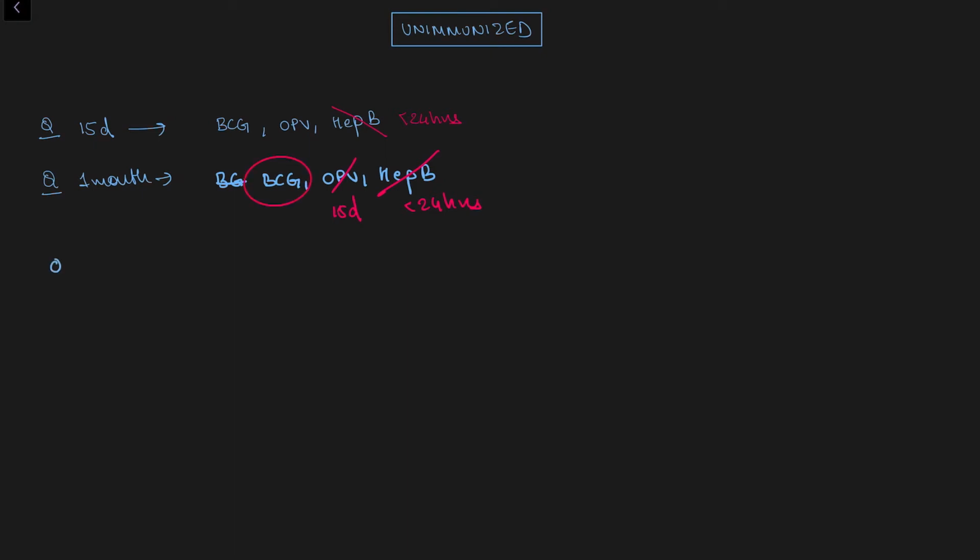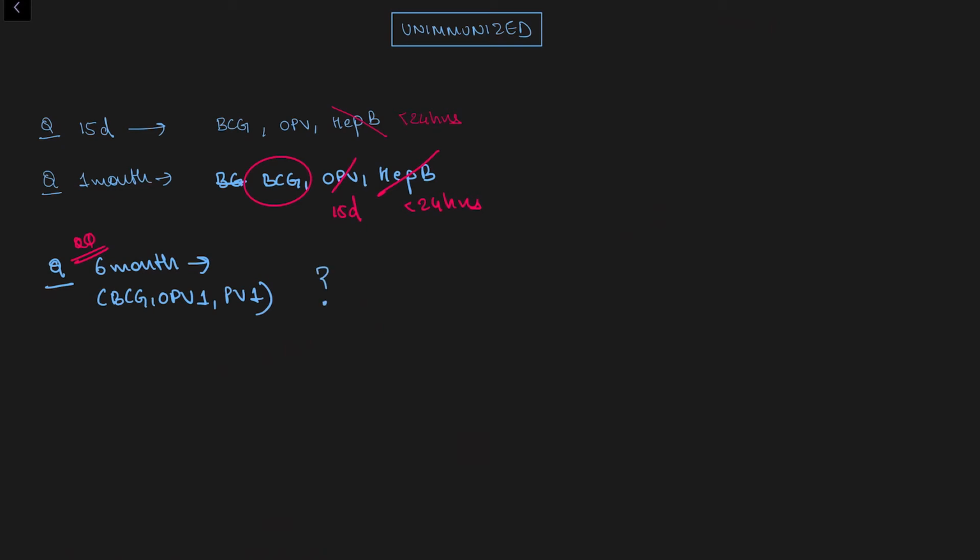Suppose a 6-month-old infant comes, right? And this could be a potential question. A 6-month-old child comes who has already received BCG, OPV first dose, and pentavalent first dose.